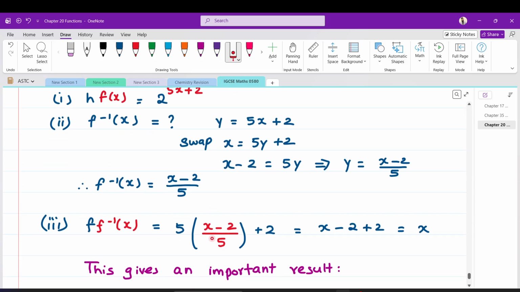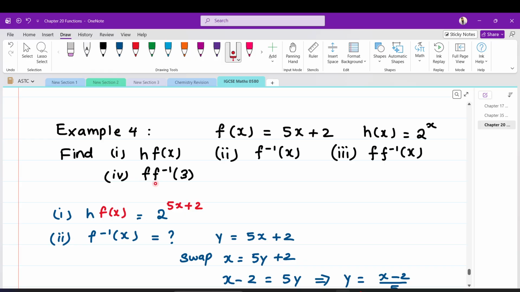So let's do another example. What if this time I have f of f inverse of 3? Instead of x, now I have 3. So now we have two steps. First, I find the inverse function of 3, and whatever result I get, I put back into my original function to get the final answer.